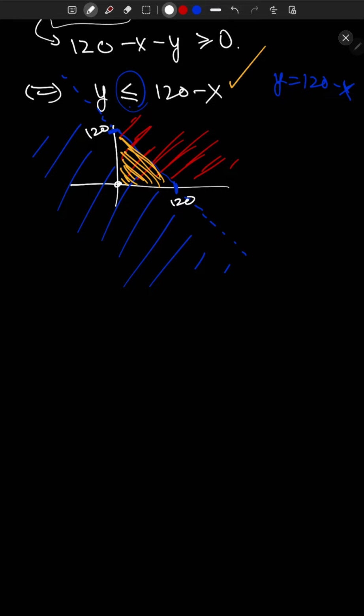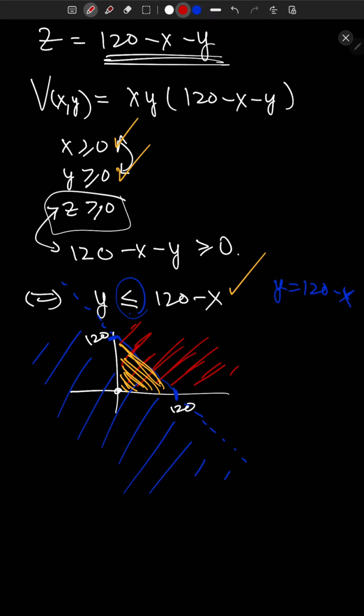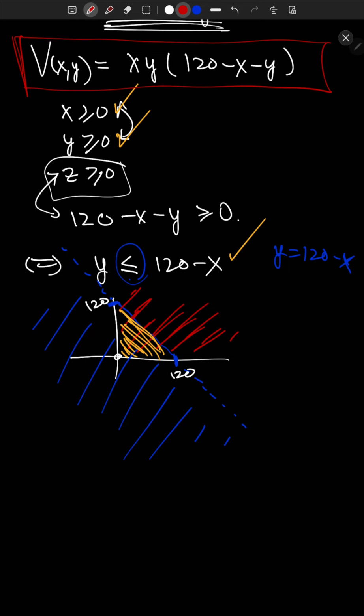Okay, from here on out, you just do the problem exactly as we did the previous problem, right? We have our two variable function, v of x comma y equals this business here. We have our region of interest, and so we do step 1, part 2, and part 3. There is no part 3, just like with the previous problem, because everything is nice and differentiable, right?